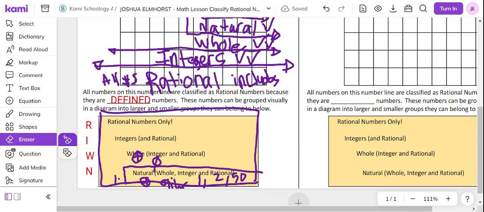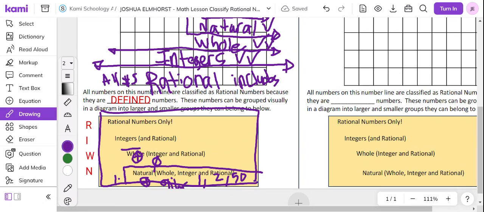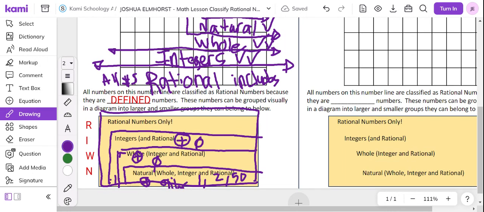All right, let me clean that up just a little bit. All right, so all of these numbers are going to go into the bigger box here of integers, and that's going to include positive numbers, 0, and negative whole numbers. But down below here, there's no decimal values, no decimals.